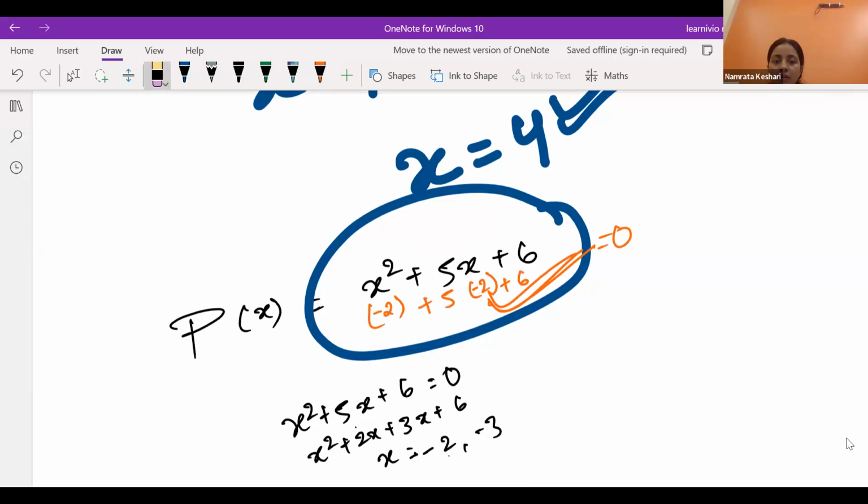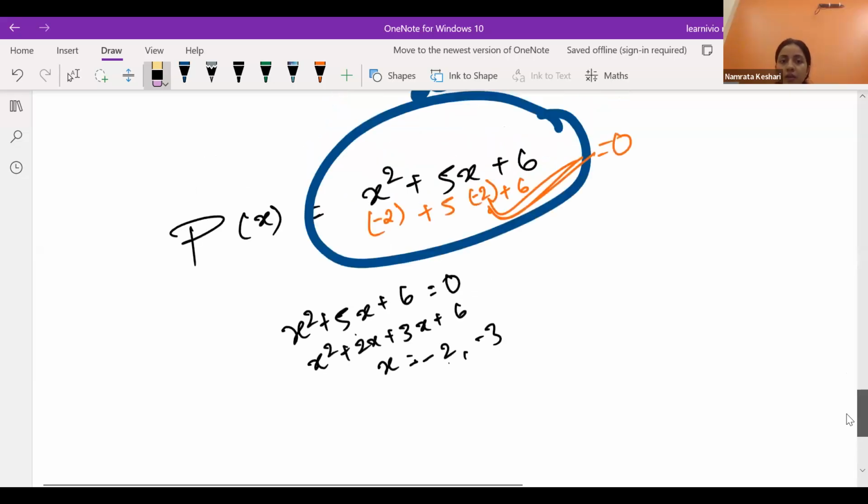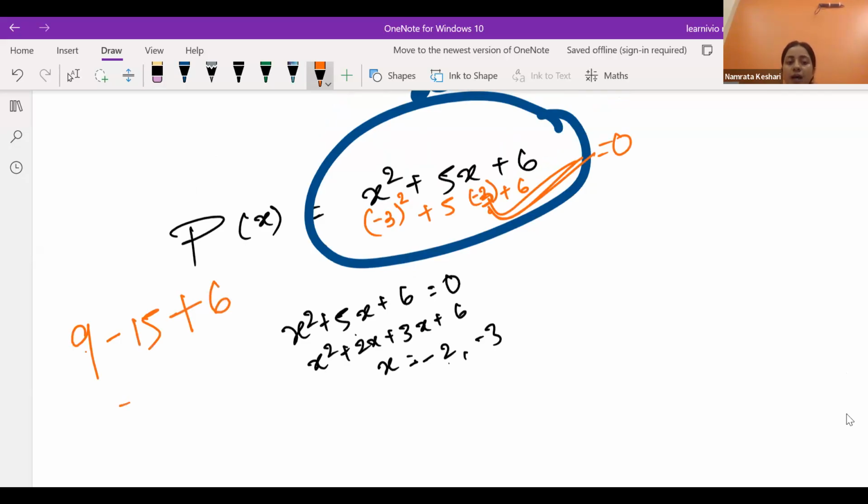Yes, ma'am. Okay. What if we put the other value of x? Put in the other value. If we substitute x as minus 3, we'll be getting minus 3 square as 9. We'll be getting 5 times minus 3, which is minus 15. We'll be getting plus 6. Okay, 9 minus 15 plus 6.